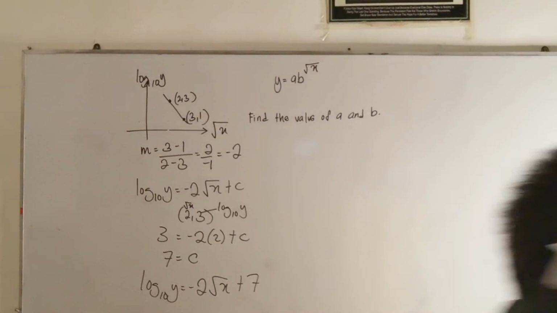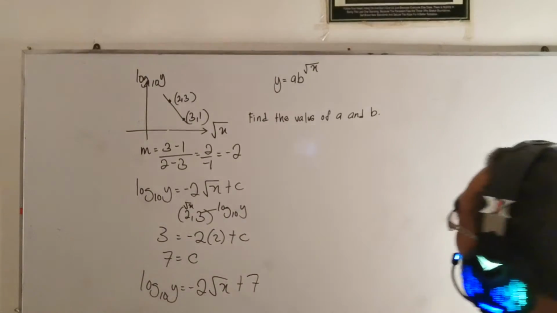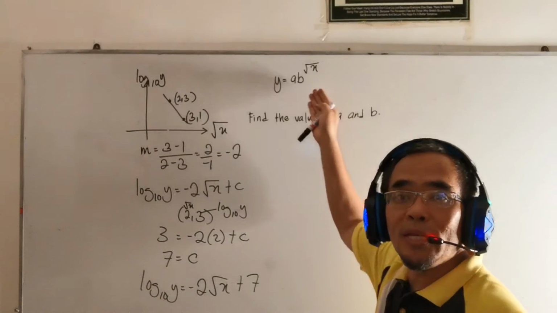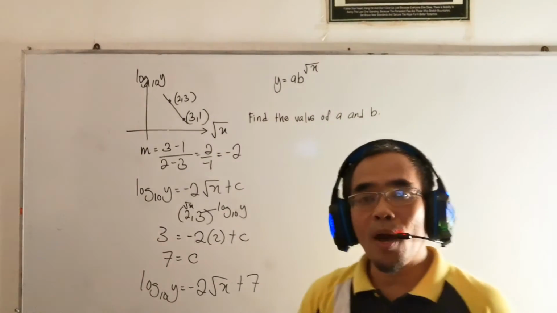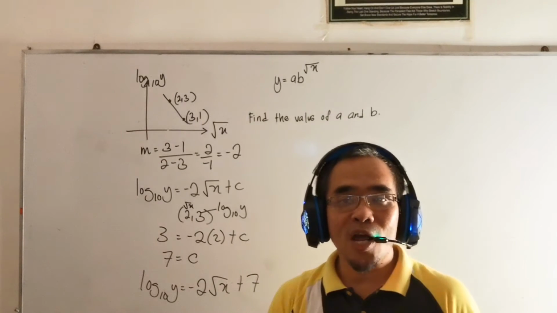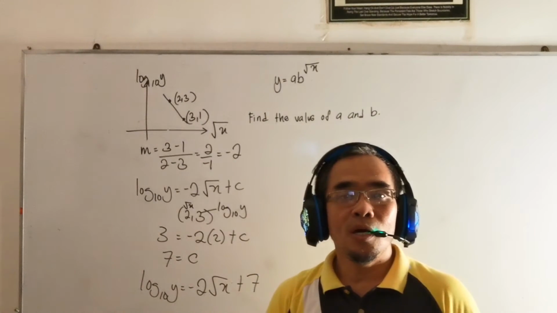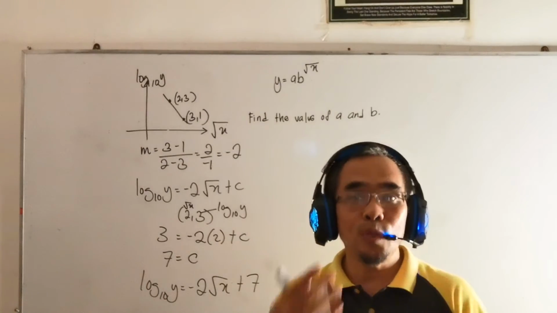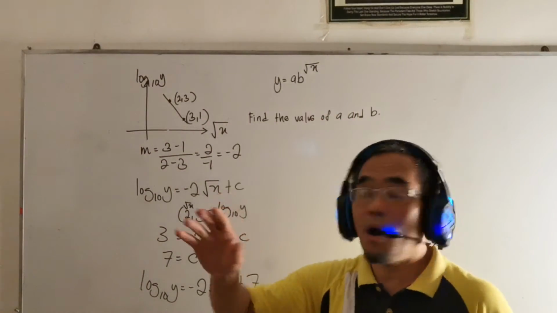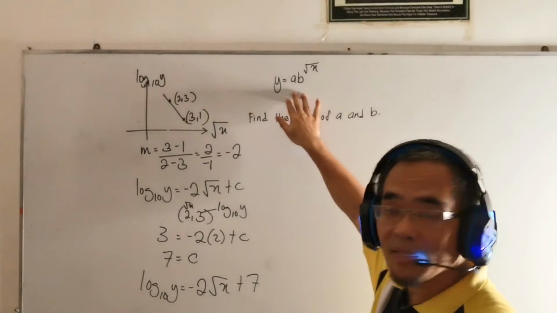That is only the first part. You have got the equation for the straight line. Now you have to transform this into a linear equation. That is why in this topic there are so many questions asking you to transform an equation from non-linear to linear. I believe you know already how to transform this.